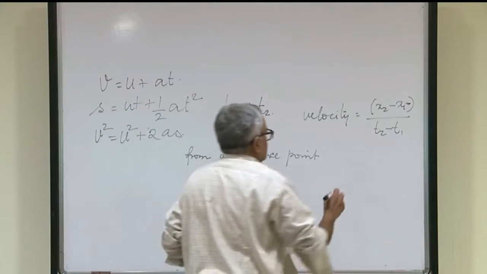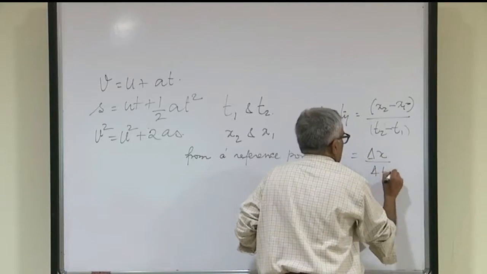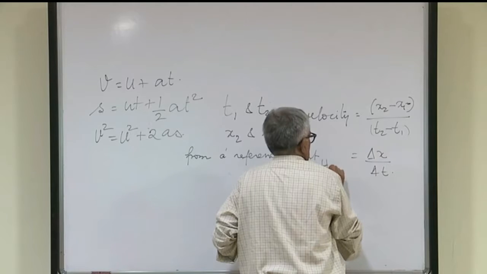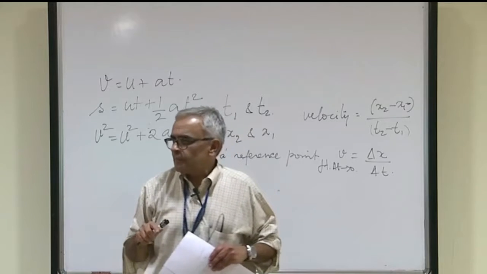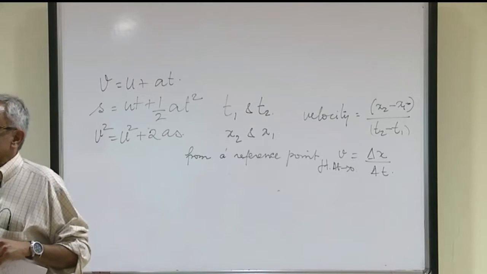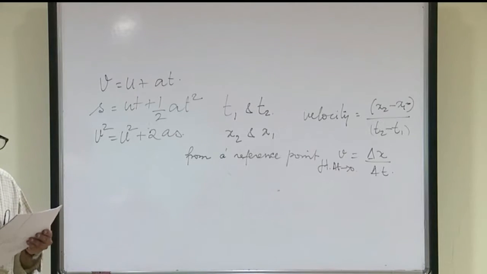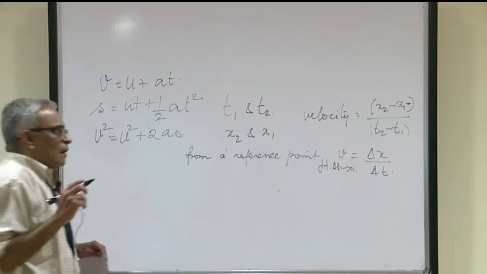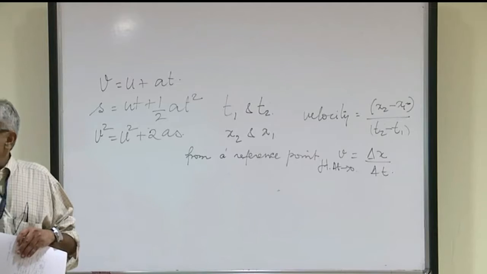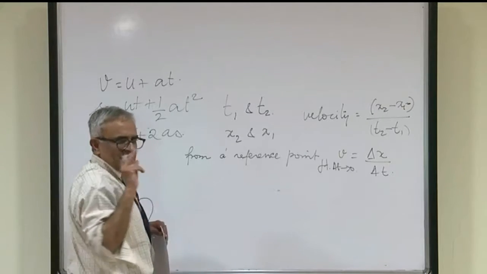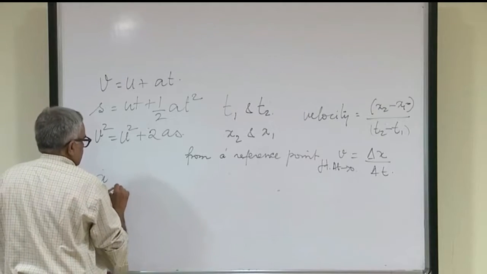Now, writing it in terms of calculus, what you have is delta x over delta t, limit delta t tending to 0. So, this is the instantaneous velocity. Then, it is very common amongst engineers and scientists to say the differential with respect to time is indicated as dot.